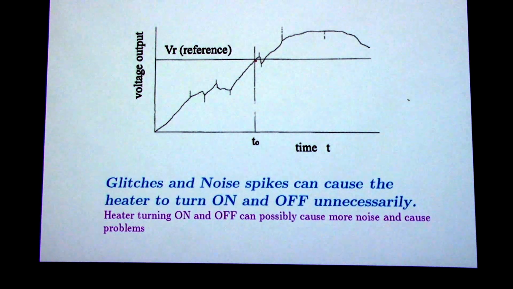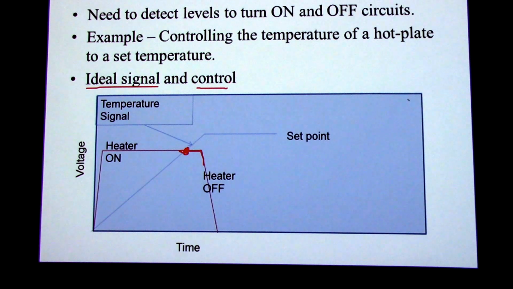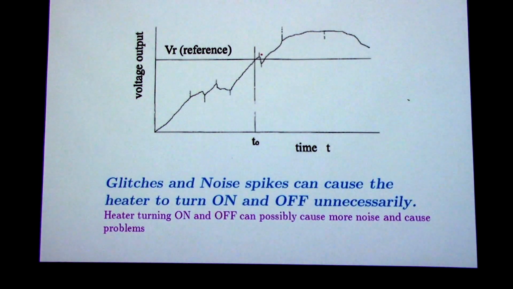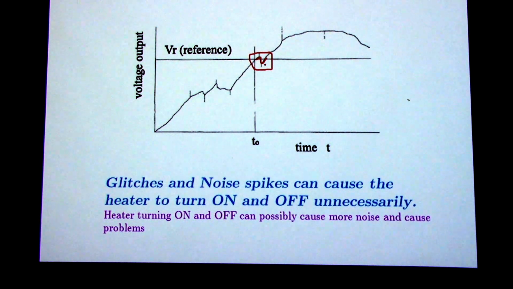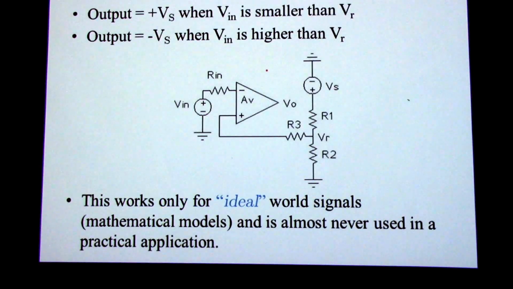So your heater will be turned off, turned on, then off. You have some problems in this region. We don't want your heater to turn on and off repeatedly again and again. That might cause some problems.